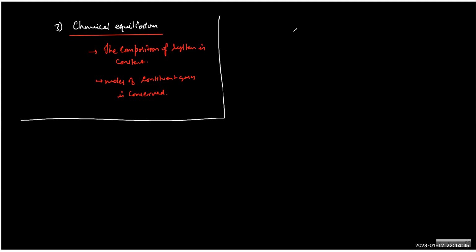Now we'll talk about the types of system. I should have discussed this before, but anyway. Types of system. How many types of system are you going to deal with in this chapter? So the first is called open system. So what is an open system?